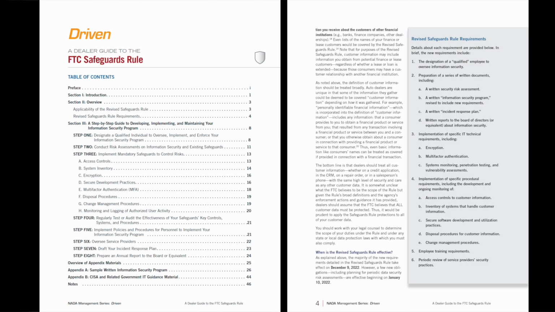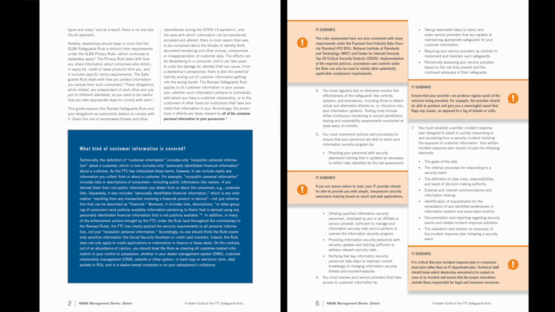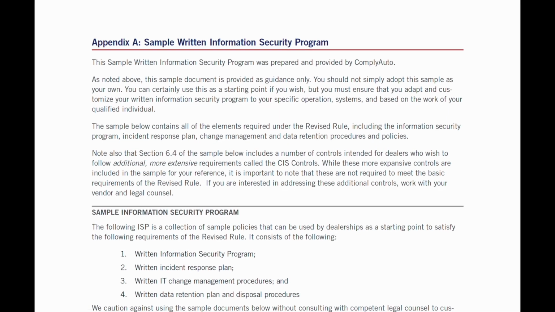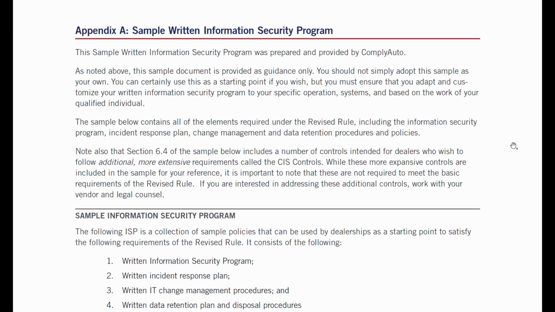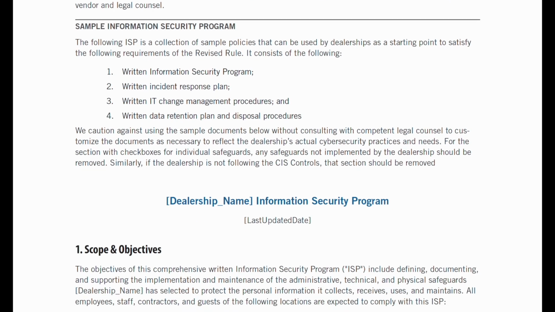So it talks about everything that's required, both under the original rule and the amended rule. It's all packaged together, and we have an appendix, which is a template, a sample written program for dealers to use as a starting point to put together the written program they are required to adopt. We also have on our website other resources that are available to dealers.